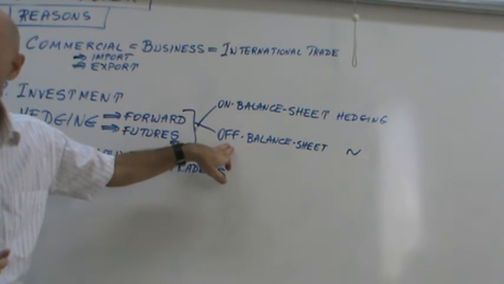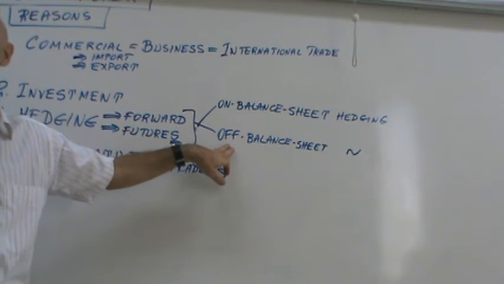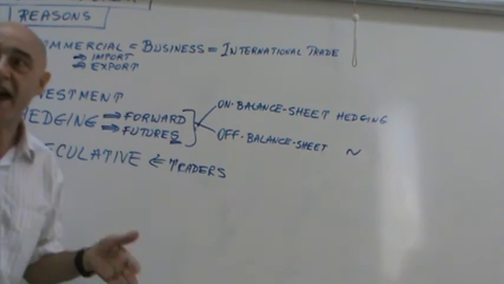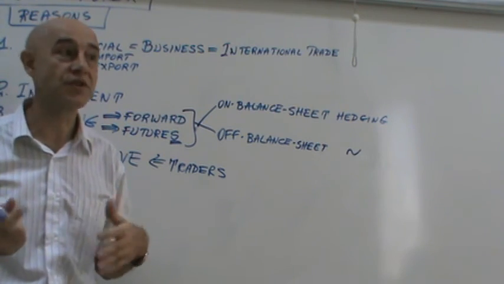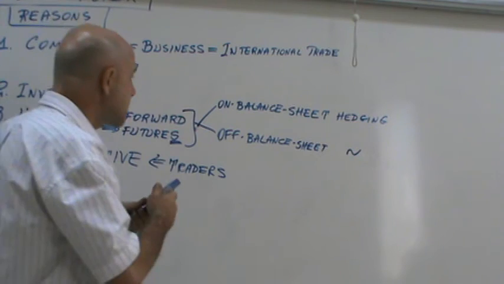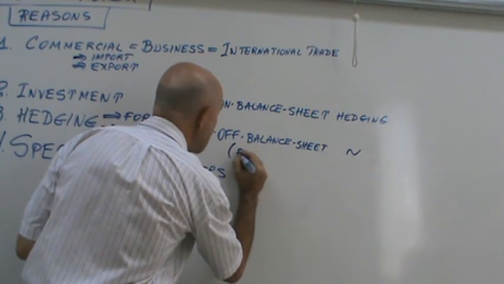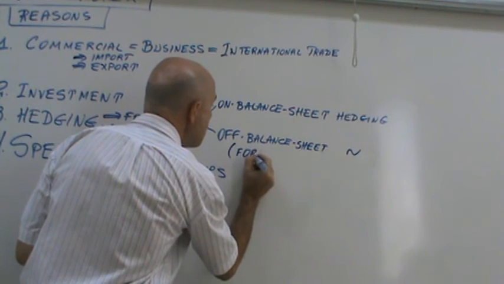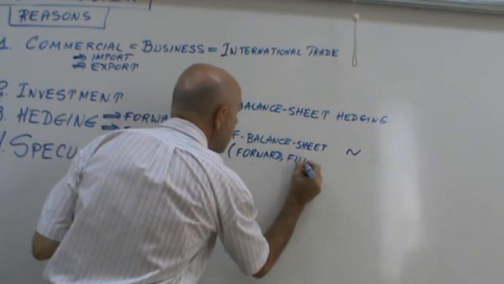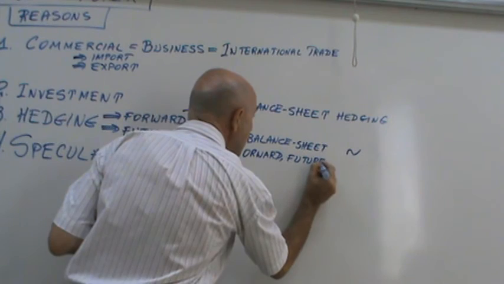In an off balance sheet hedge, it is not recorded as an asset, and it's not recorded as a liability. Certain transactions based on accounting rules and principles don't have to be entered. The example of an off-balance sheet will be a forward or a futures.